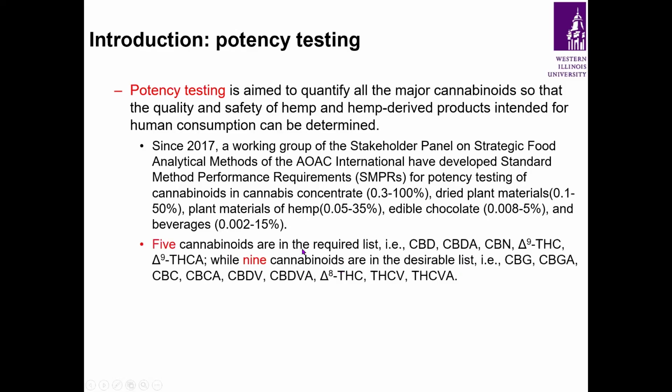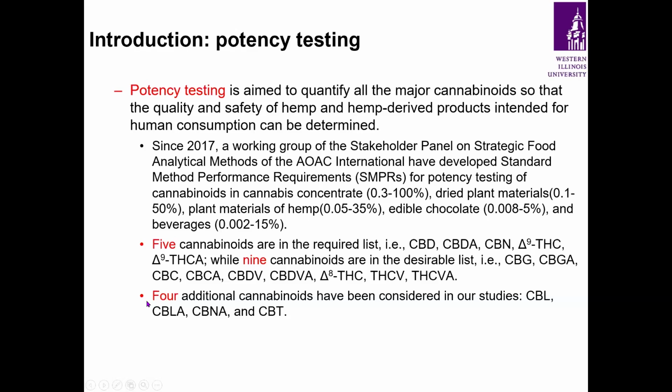5 cannabinoids are in the required list: CBD, CBDA, CBN, delta-9 THC, and delta-9 THCA. 9 cannabinoids are in the desired list: CBG, CBGA, CBC, CBCA, CBDV, CBDVA, delta-8 THC, THCV, and THCVA. We covered those previously.